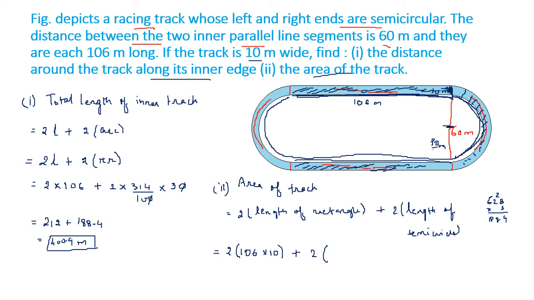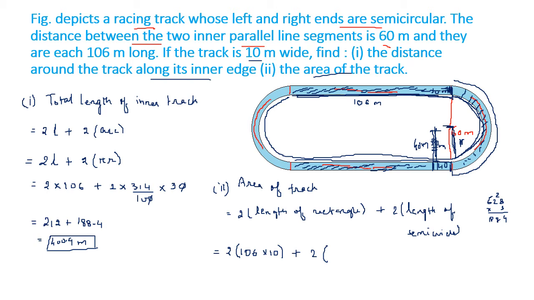This is 30 and plus 10 this is 40. So what I mean to say, the inner radius here, small r, is 30 and the outer radius, the outer circle, can you see this? So if I take this circle, what will the radius of this semicircle be? 30 plus this 10, so total is 40 meter.